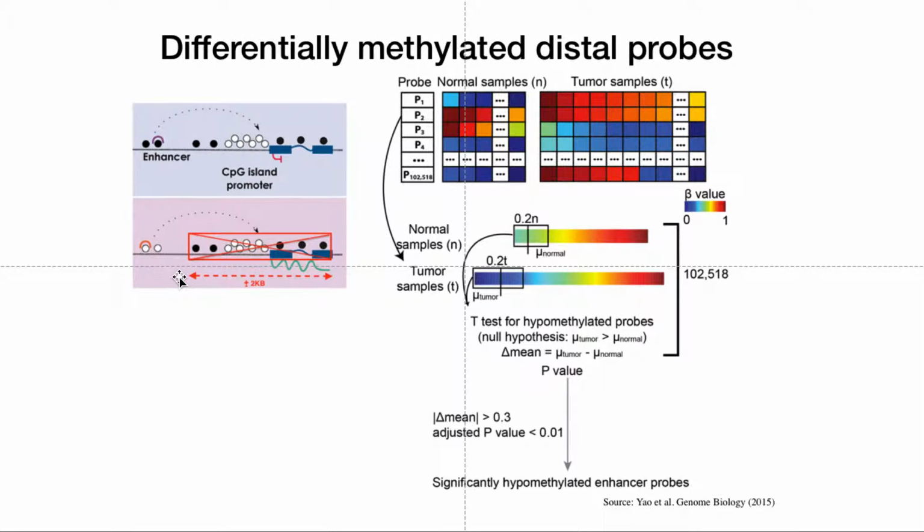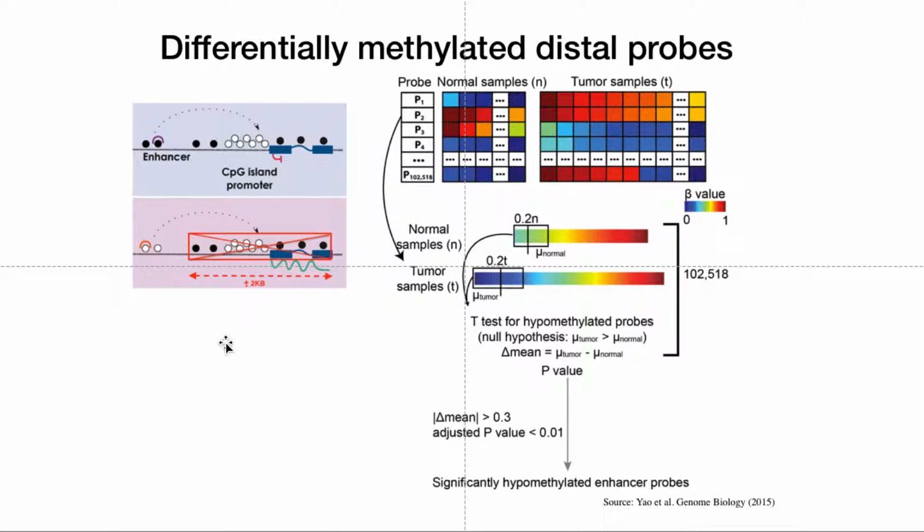Everything that's 2 kb away from the TSS, the transcription start site, is removed. We only keep the distal ones, that's what we define as distal probes. Then we're going to compare those probes and see which ones are hypomethylated. Normally the probes close to the TSS are in promoter regions, while the distal ones are normally in enhancer regions.